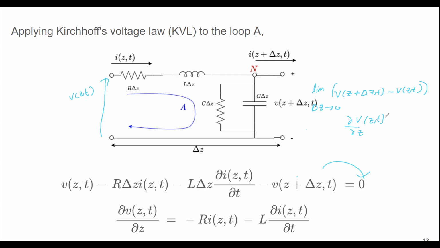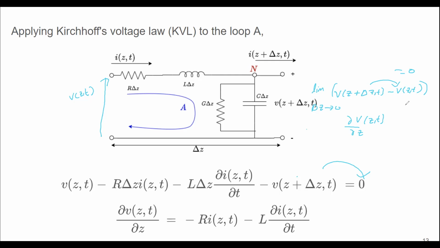That means there's a very small difference between the voltage values, and therefore we denote it using partial V over partial Z. So delta Z is not equal to 0, it is reaching 0, right? So therefore we can't cancel these two terms and equate it to 0.